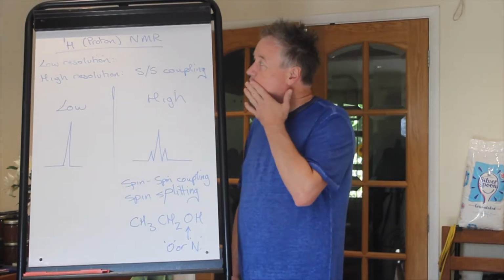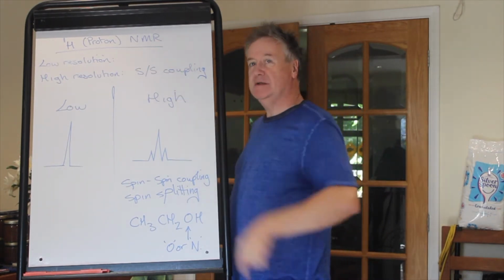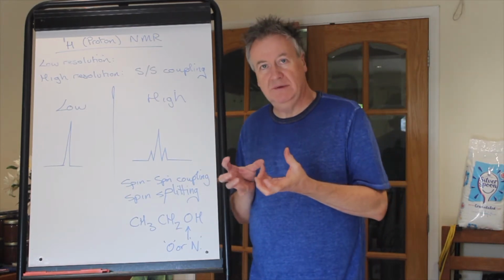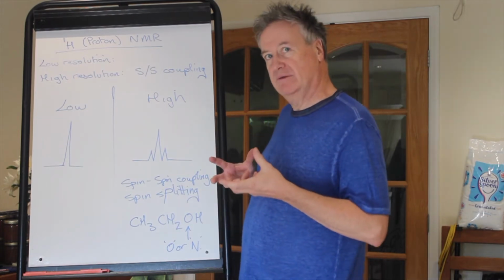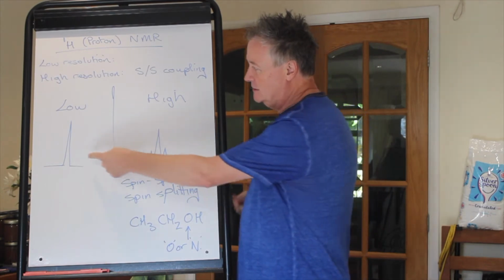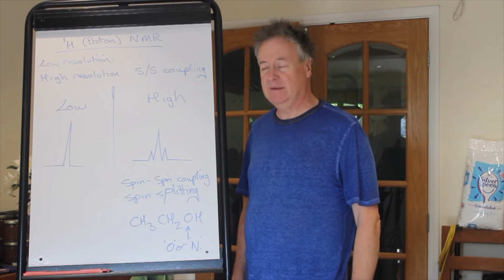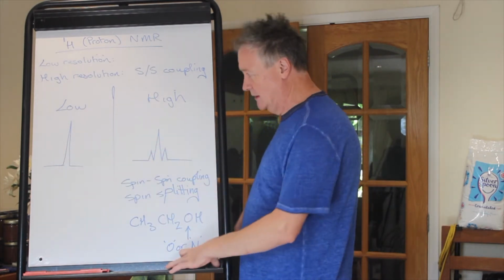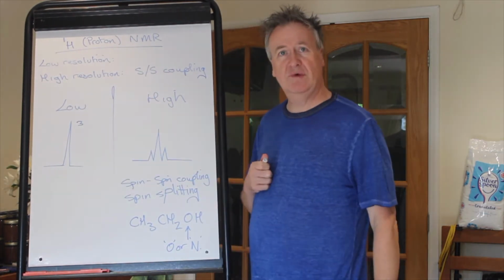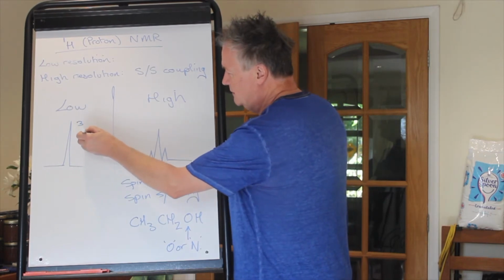Okay, two types of proton NMR. Low resolution. Low resolution means you haven't turned up all the whizzy-bang stuff in the machine, I suppose you could say. And so what it looks like is single peaks, just like you would find in the carbon-13 NMR. So you would have a single peak and it would say next to it something like a 3 to say it's representing 3 hydrogens. Sometimes you see that.